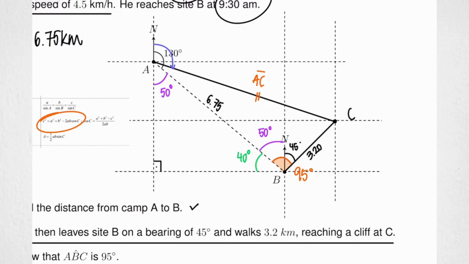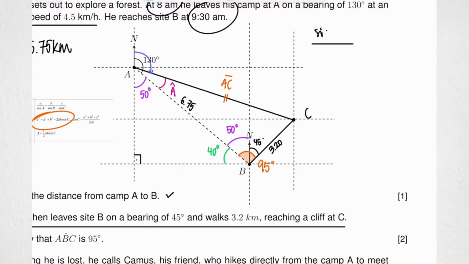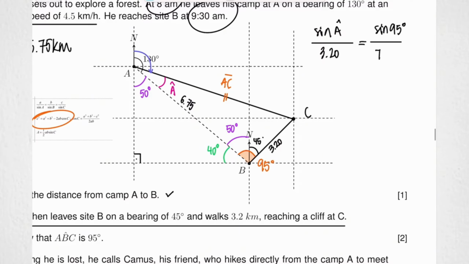The bearing that Camus must take to point C, which by the way is this one, can be found by subtracting from 180 this 50 here and this angle right here, which we did not find, but we can find right now. So let's call this angle A. Using the sine rule, we have sine of A over 3.20 equals sine of 95 over AC, which is 7.71800.